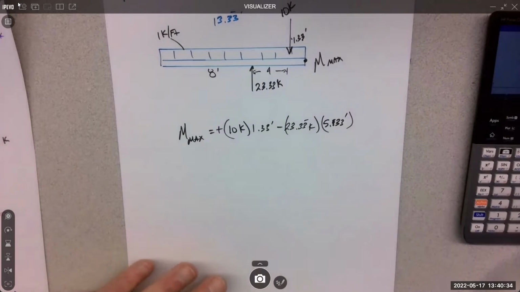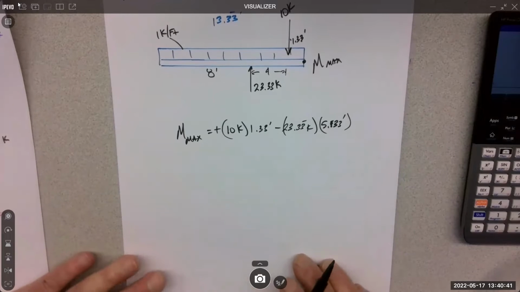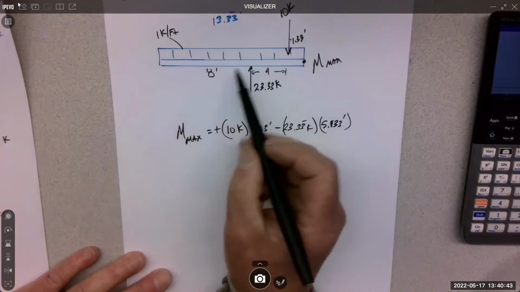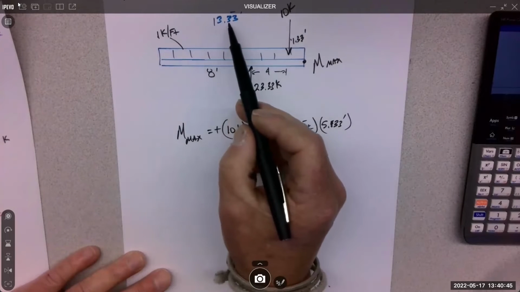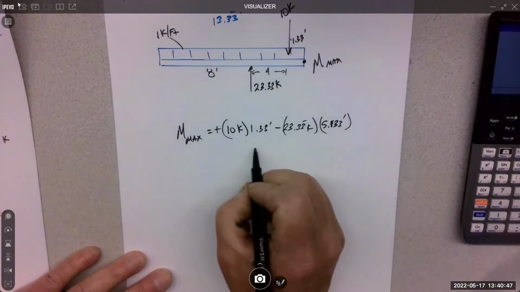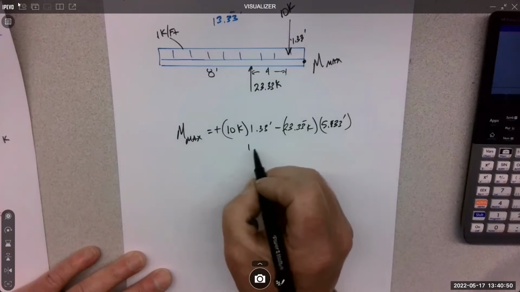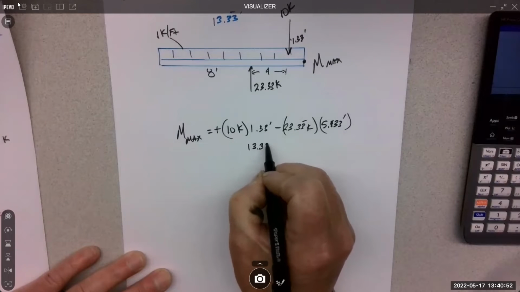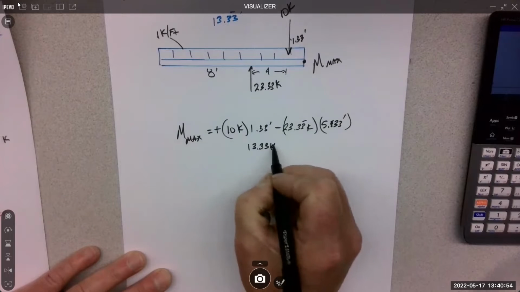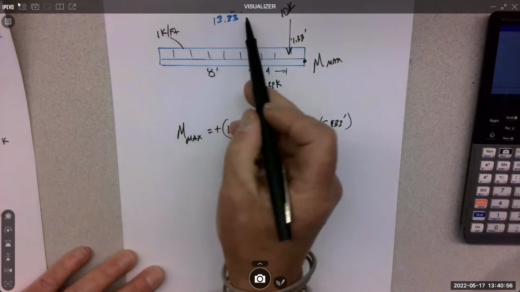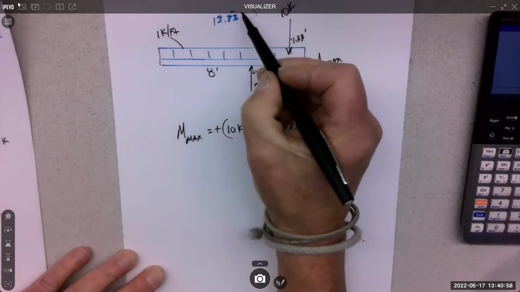Yep, so that's negative. And then the only thing left is the distribution. So that distribution is, we have to concentrate it first. So it's 1 times 13.33. So I can just write that 13.33 K, because the feet cross out when I multiply those two times each other.